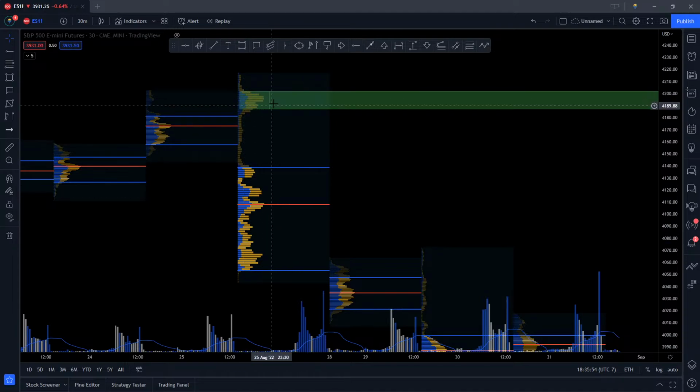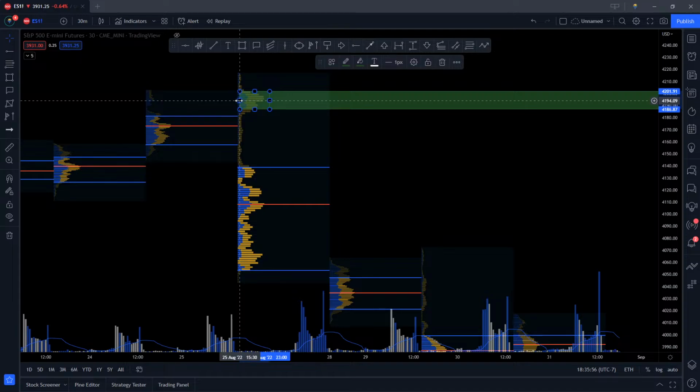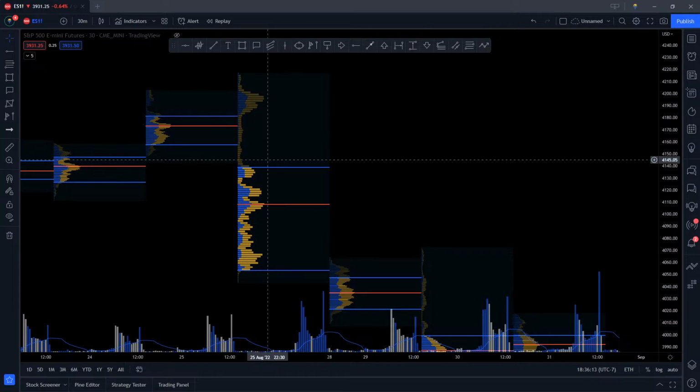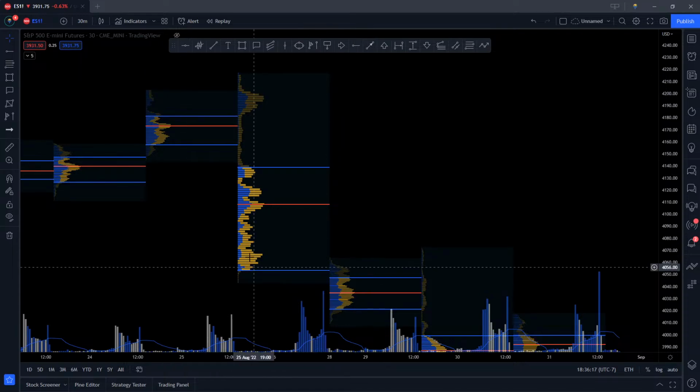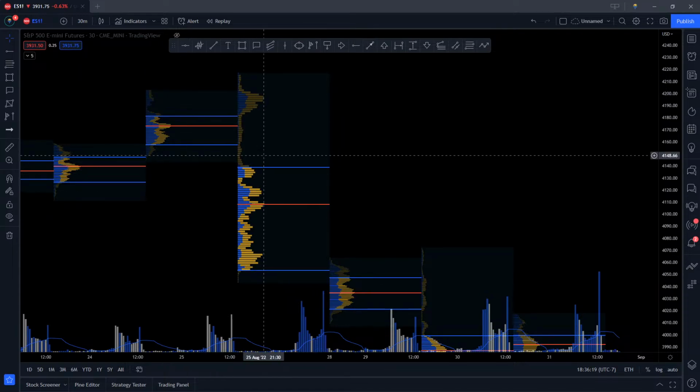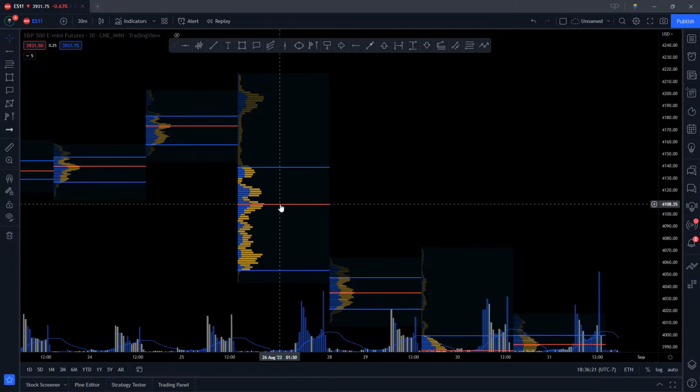We didn't have enough buyers that felt like there was value on ES at this price, so we ended up losing and coming down. So that's a really quick overview of the volume profile. And we're going to get really in depth with this, but there's a lot of things that we want to be looking at.